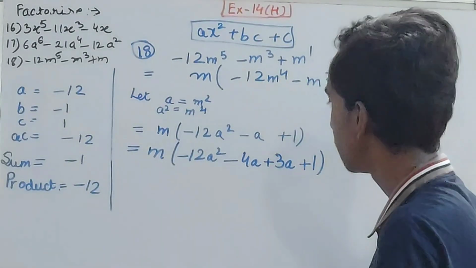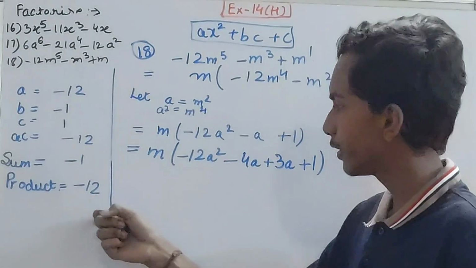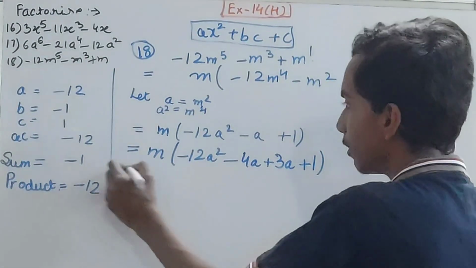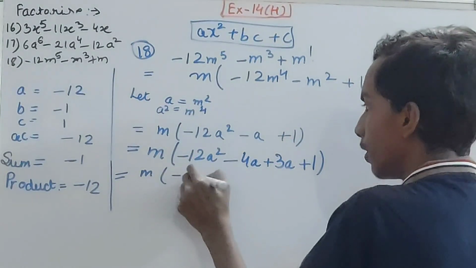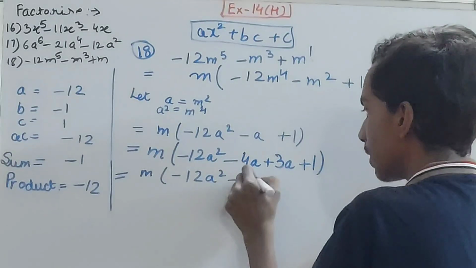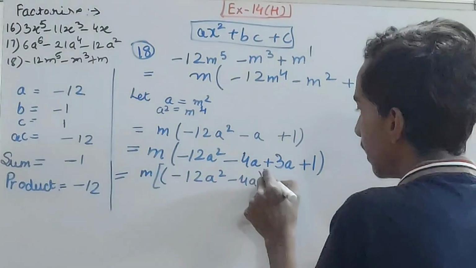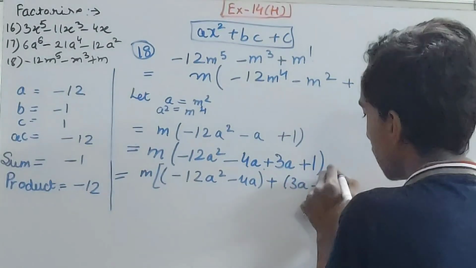This will satisfy every one of our needs. Minus 4 into plus 3 is minus 12, and minus 4 plus 3 is minus 1, right? That is done. Now further on you will have m into minus 12A square minus 4A. This will be in one group, and plus 3A plus 1 in another group, right?